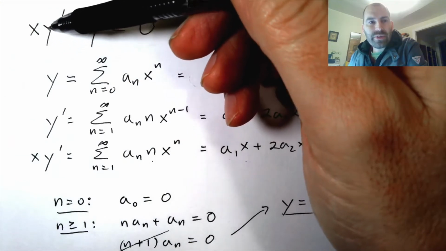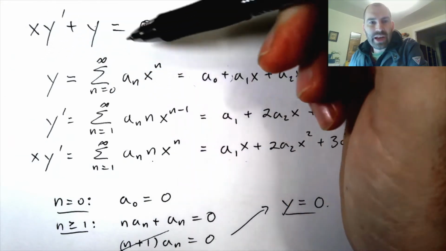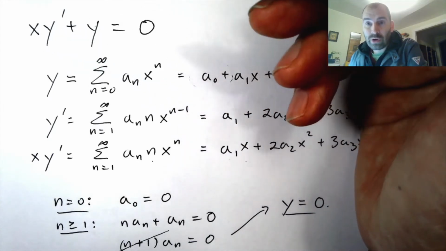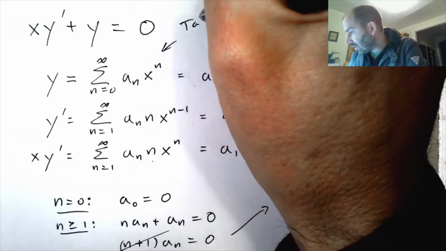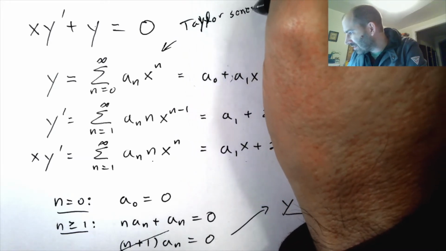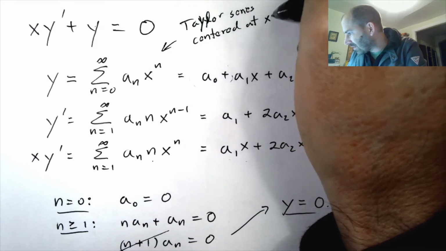If you have this x here, and we try to make a Taylor series centered at 0, or we call that a Maclaurin series, that's what this is. It's a Taylor series centered at x equals 0.